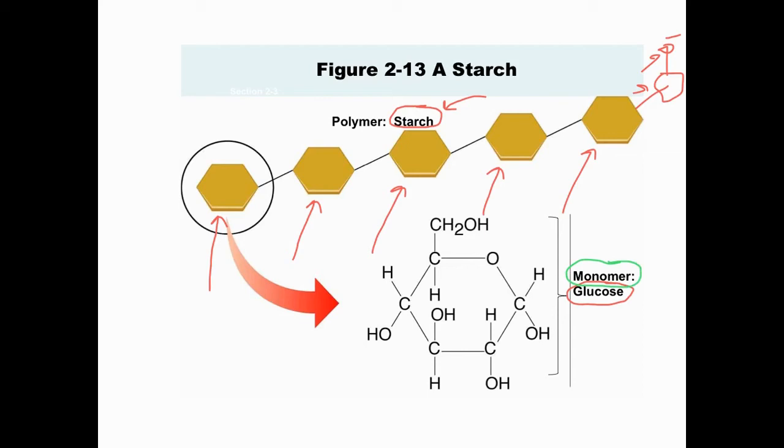Those are the little Legos that if you put them all together, it makes the polymer or the macromolecule of starch. So in this case, the monomer is a sugar, glucose. Some of you guys made that with the molecular models. And if you put a bunch of glucose together, you get the polymer or the macromolecule called starch.